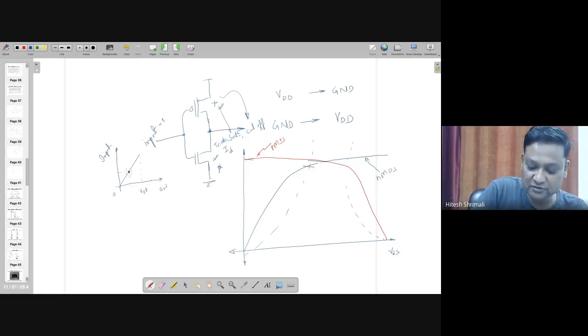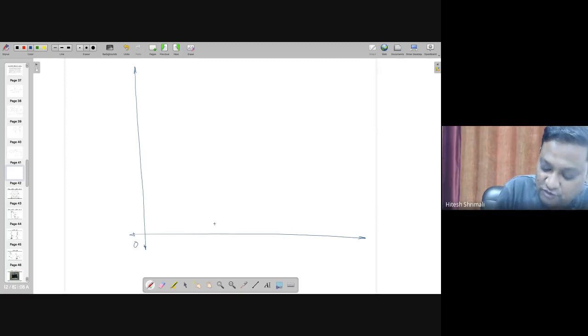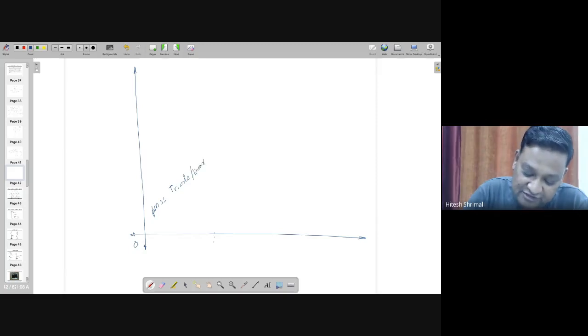Maybe I can draw how it looks. If you look at the characteristic, you will understand that going from 0 to some value, PMOS is on, meaning it's in triode region to act as a better switch, or you can also call that the linear region, right? And the other transistor NMOS is in cutoff region.